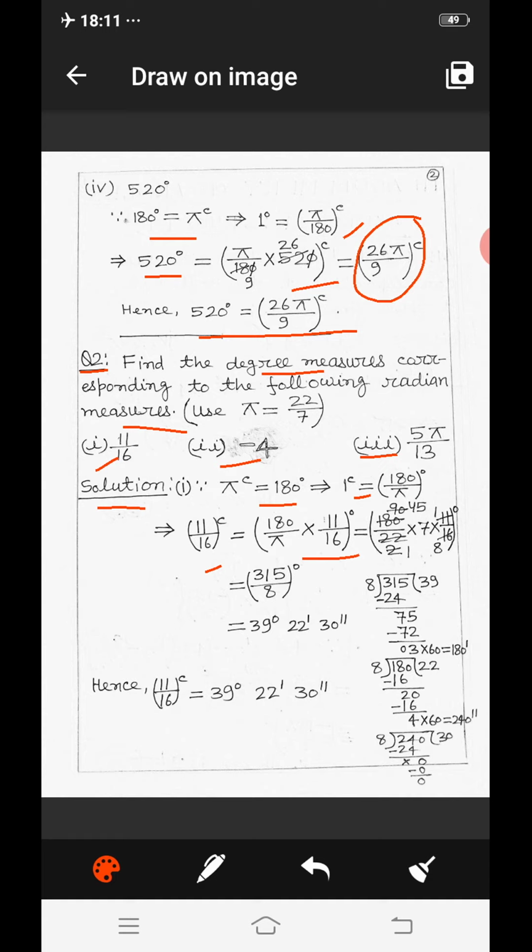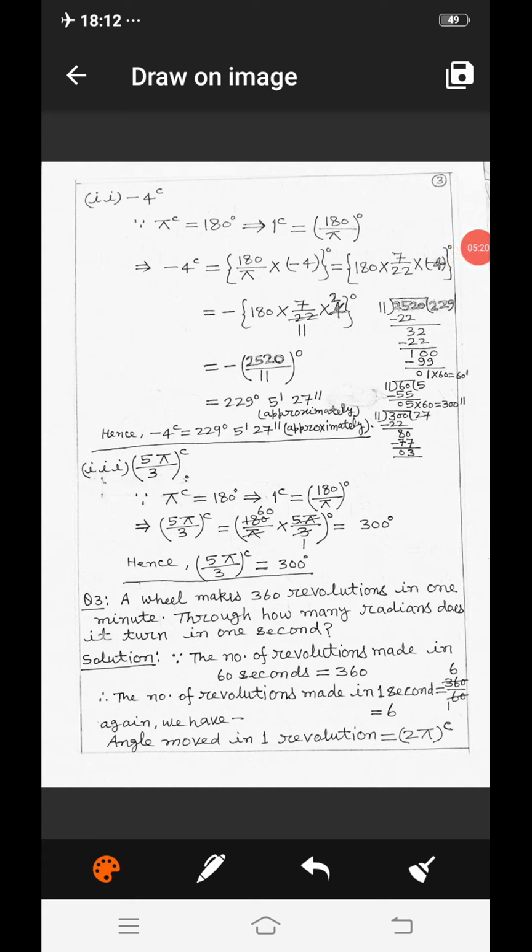Solving this, we get 315 by 8 degree, and this is equal to 39 degree 22 minutes 30 seconds. Dear students, the computation is being explained on the right side. Hence 11 by 16 radian is equal to 39 degree 22 minutes and 30 seconds.